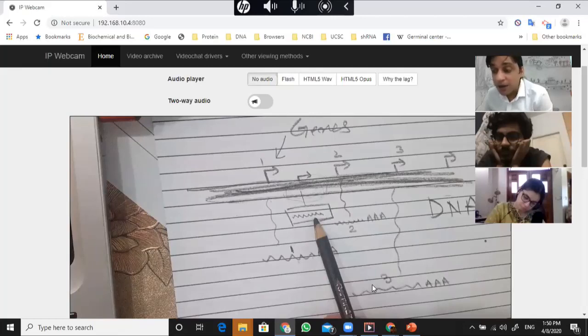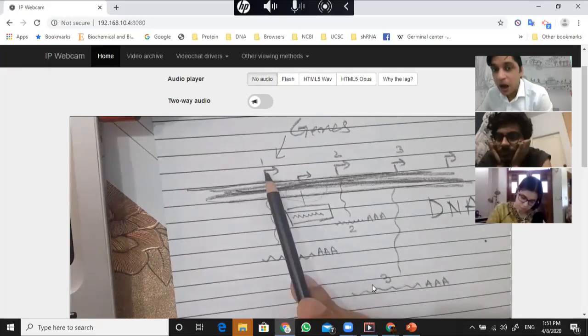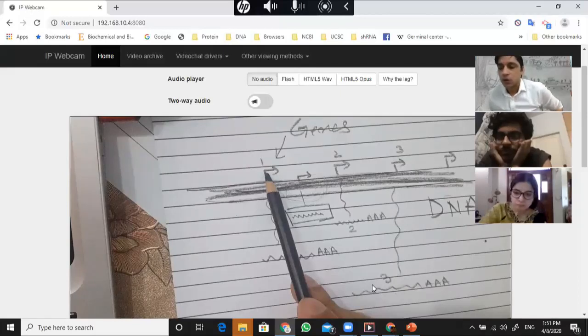Although RNA pol 2 is transcribing that gene, driving that gene to produce an RNA, that RNA is not going to produce any protein.